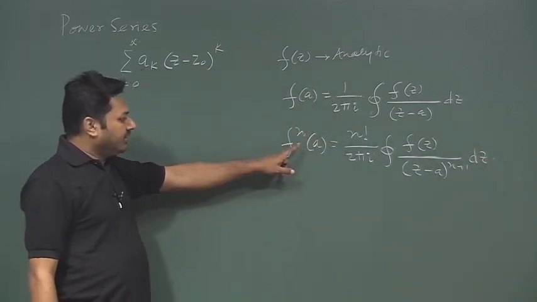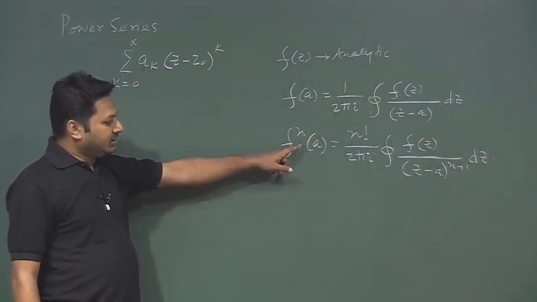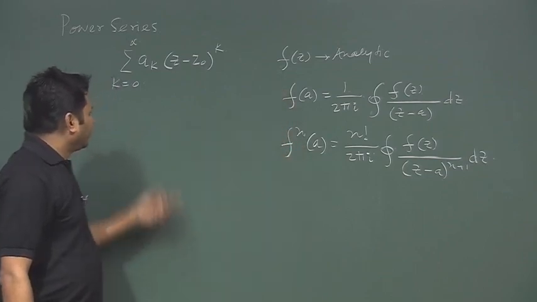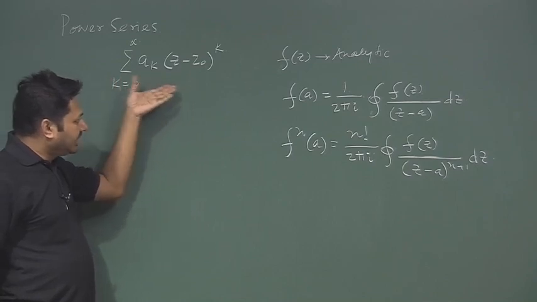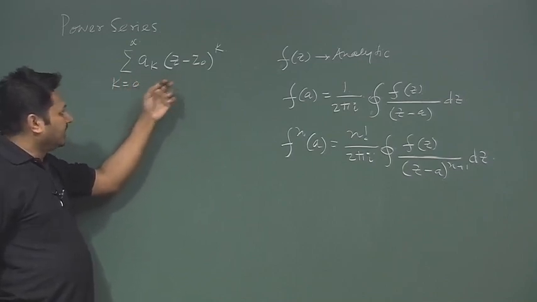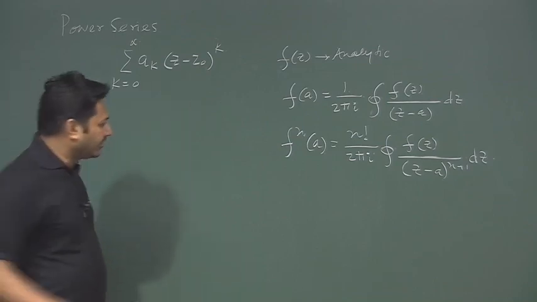That means the nth order derivative is possible for this analytic function, and keeping that in mind, we can say that if a function is analytic, we can somehow put it in a series of this form. Now, what is the beauty of this form? Let me now explicitly write this.